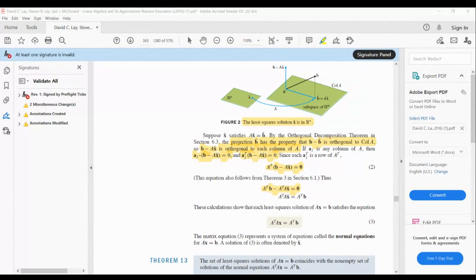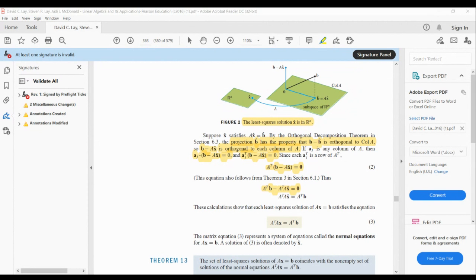Okay, all right. So again, thank you, Benjamin. A transpose times (B minus AX hat) equals a zero vector, by virtue of the fact that every column vector of the matrix A is orthogonal to the vector B minus AX hat.